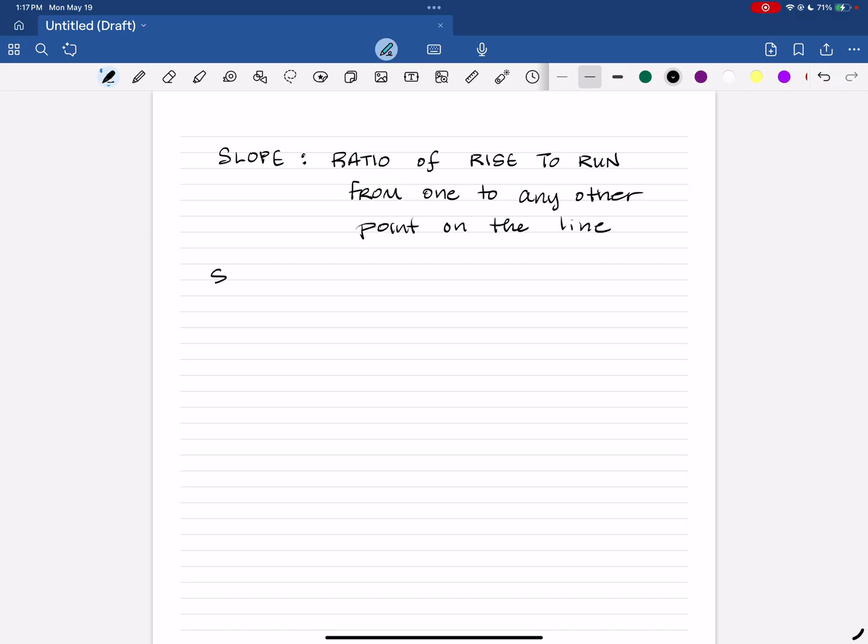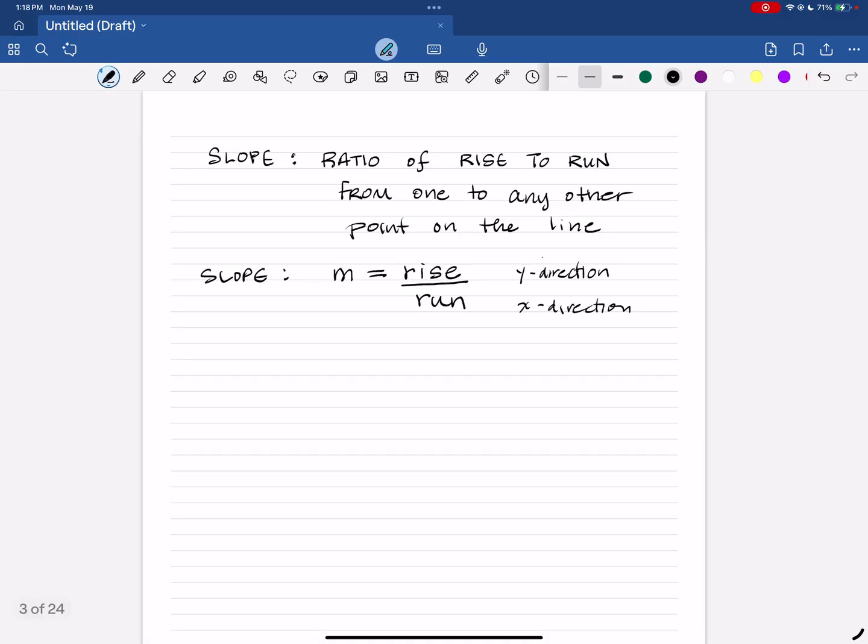So we say slope is rise over run, and m is the letter that we use for slope. When we have a formula for slope, we'll use m. Now, rise is the distance from one point to the next in the y direction. Remember, the y-axis is the vertical axis, so you're going up or down on the y, and then this is the x direction.